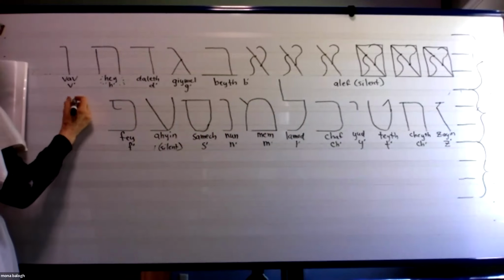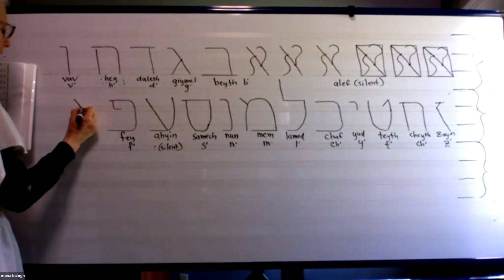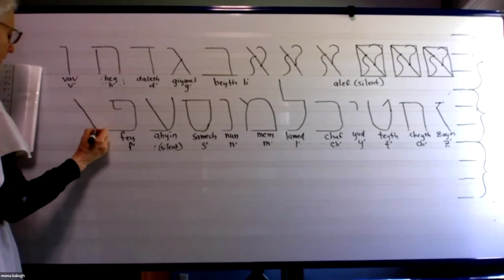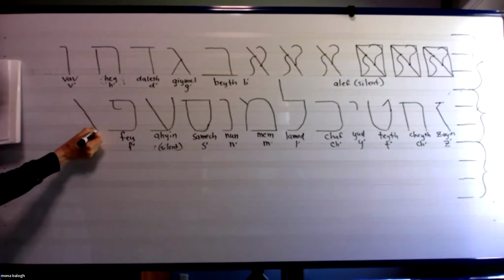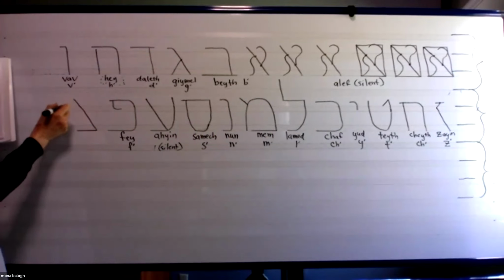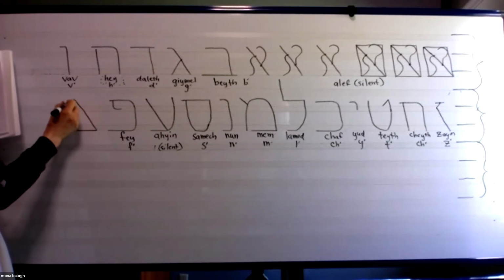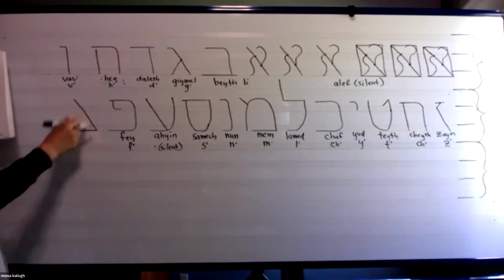Sadi, start in the upper left, make a diagonal down to the lower right. Then you're going to come backwards and to the left and wind up flush with this upper left here. Okay, so it's flush. So this is a diagonal, but it's leaning against this line here.